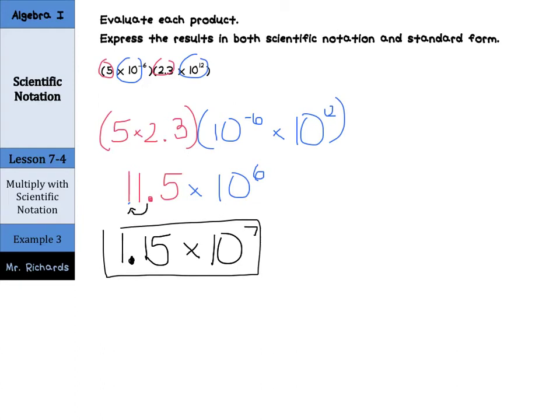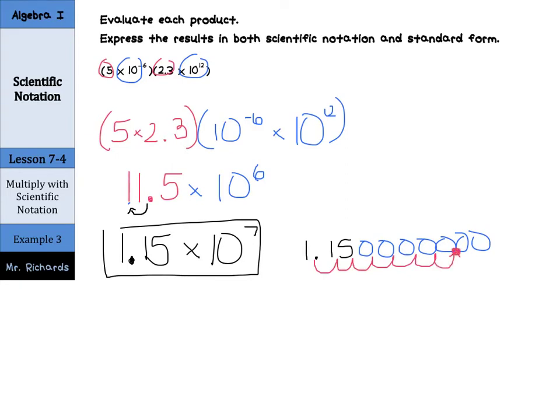Now, we also need to get this into standard form. And we are going to have our 1.15. I'll put on a bunch of zeros here. And since this 7 is a positive number, we're going to move our decimal point to the right. 1, 2, 3, 4, 5, 6, 7.